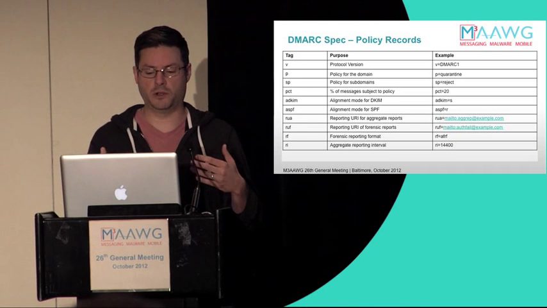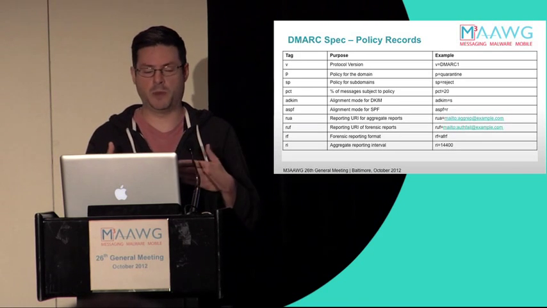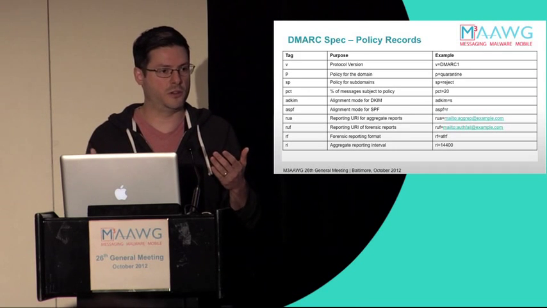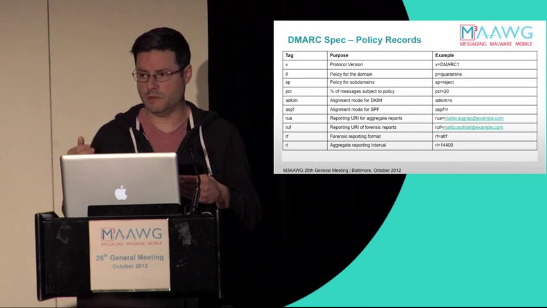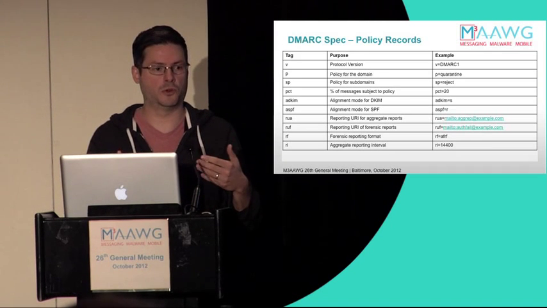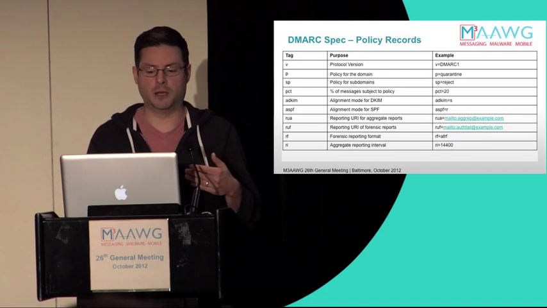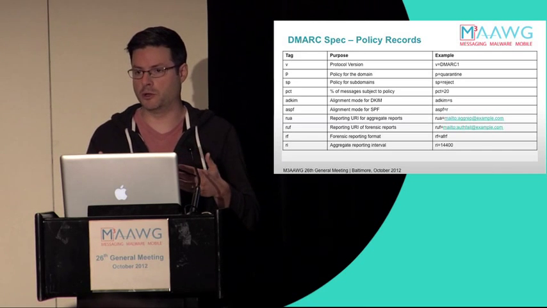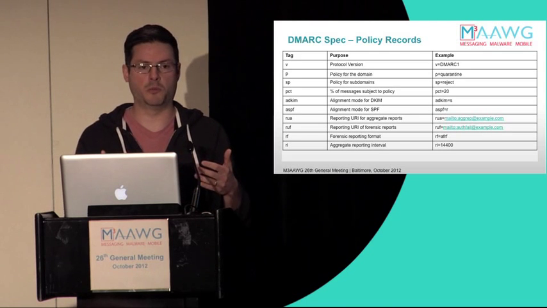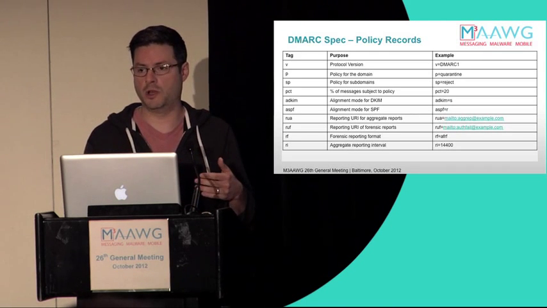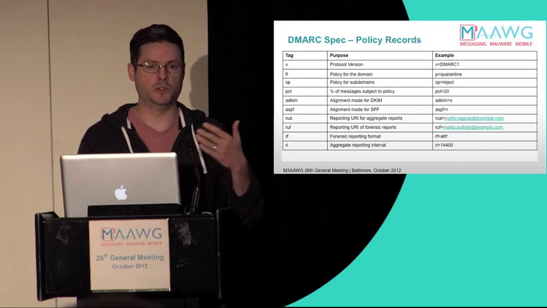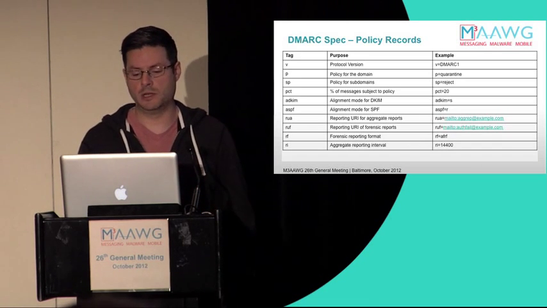This is one of the inherent areas of expansion in the protocol. We don't know what will be invented next year or the year after that, so we've decided to bake into the protocol the ability to individually control the alignment that you want. And as the publisher, the domain owner, as we refer to people who publish the DMARC records, you know best what you want to do here because you know how you send your mail, how your infrastructure is set up, and to whom you've delegated sending permission.